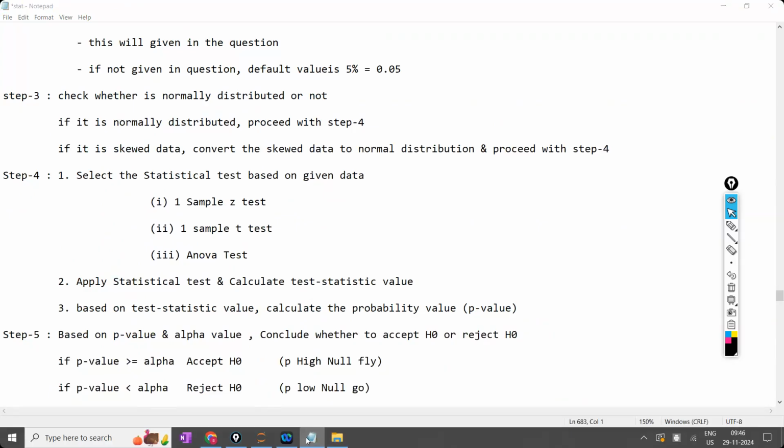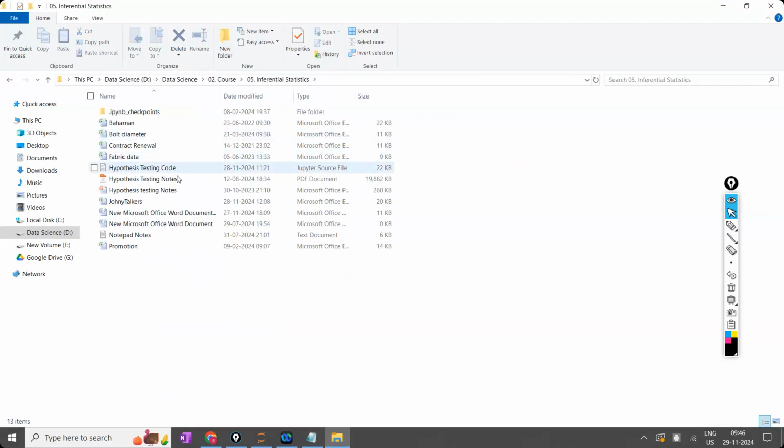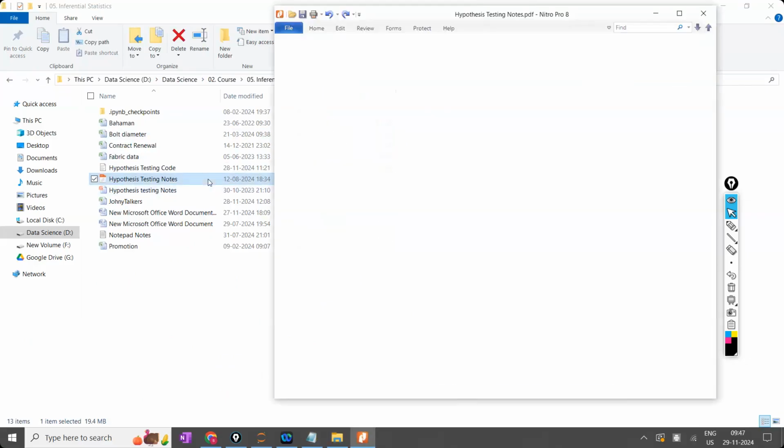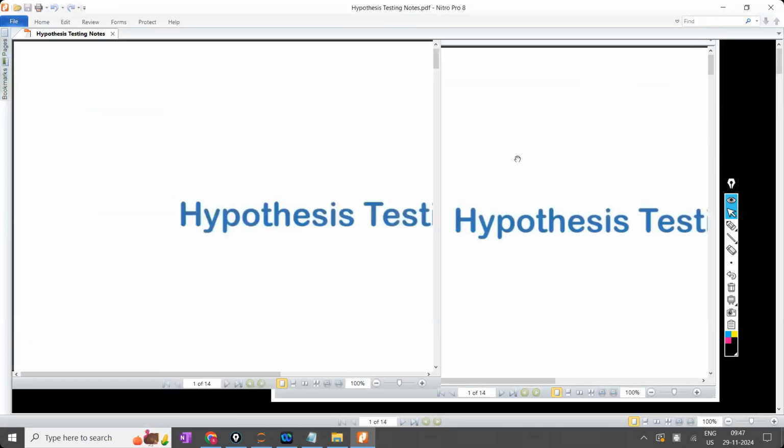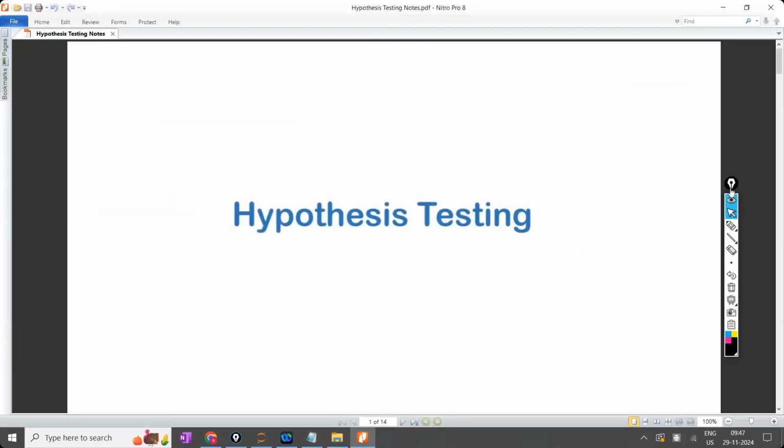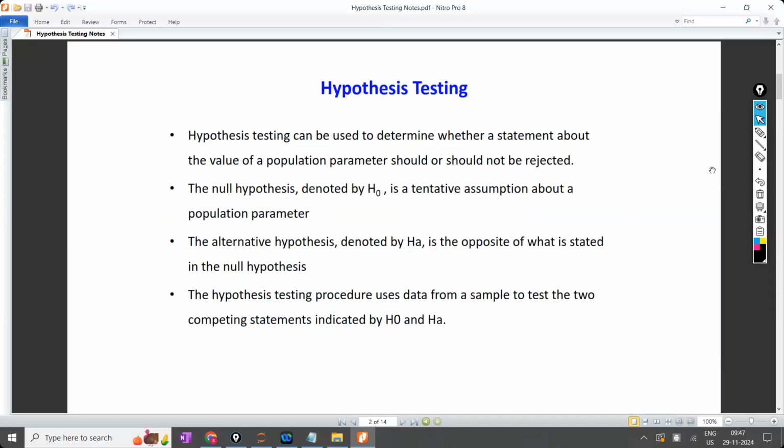Okay. Now in hypothesis testing, the first step is to formulate the null and alternate hypothesis. How are we going to formulate them? That is important. Hypothesis testing means determining whether the statement of the population parameter should or should not be rejected.